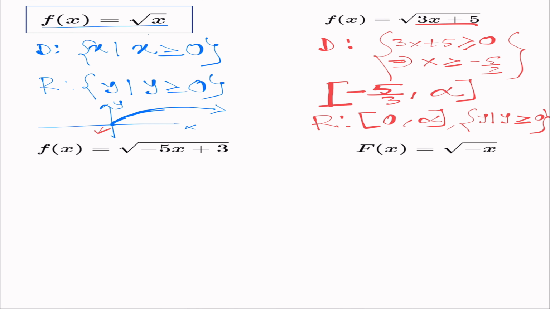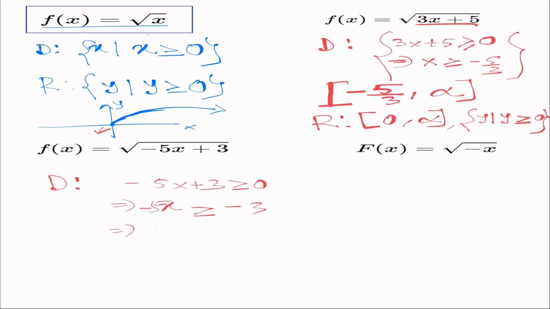For the domain, it's going to be the same. We have to write down -5x plus 3, and it has to be more than 0, right? So if we calculate it, we get -5x is going to be more than -3.